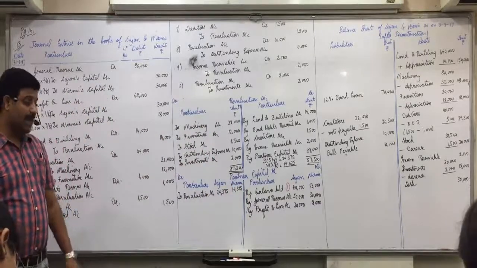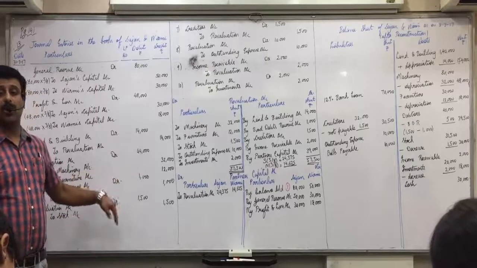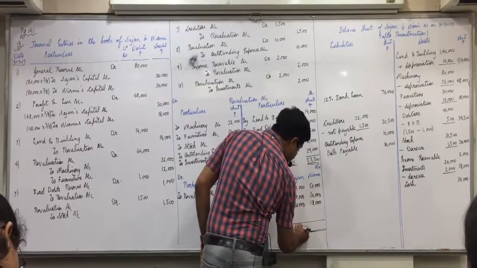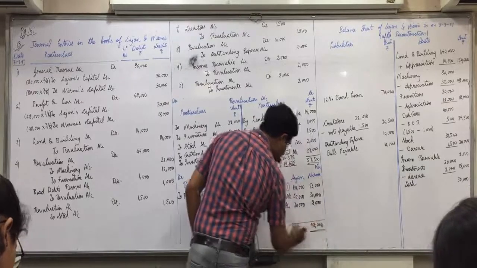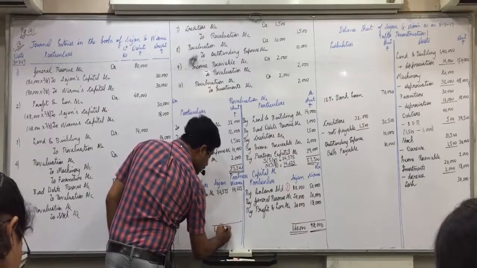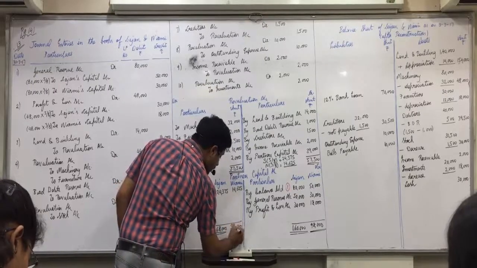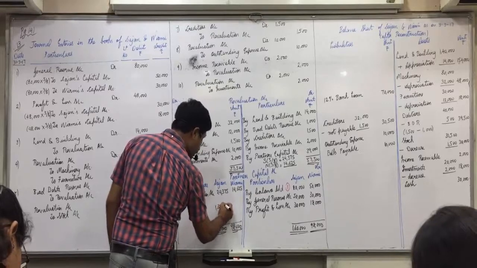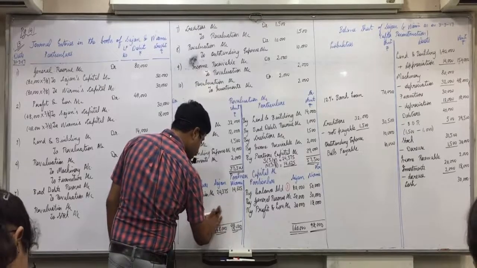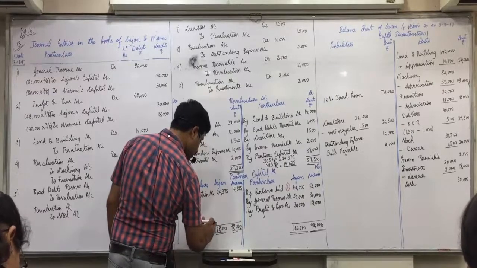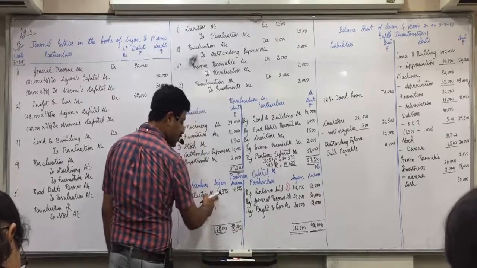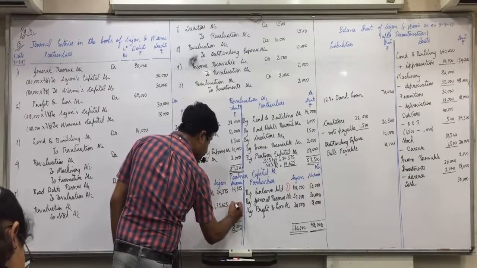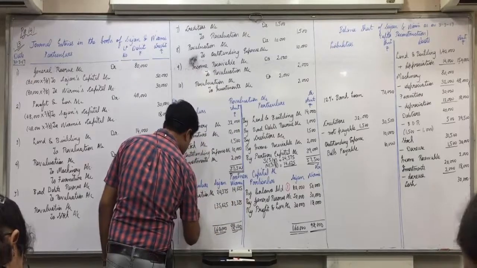Now the capitals' closing balance we will write on the liabilities side. 1,60,000 and 98,000. 160,000 minus 24,375 is 135,625. And 98,000 minus 14,625 is 83,375. Balance carried down.